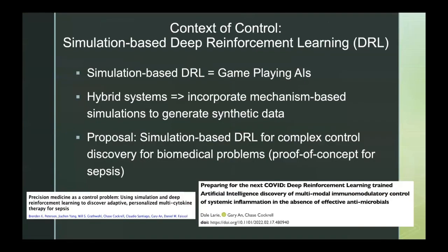All right, so I'm going to run through this really quick because this is not actually related to much of what's talked about today, but since it's here, I'll just go real quick. This is the idea of using deep reinforcement learning and artificial intelligence to identify multimodal and personalized control.